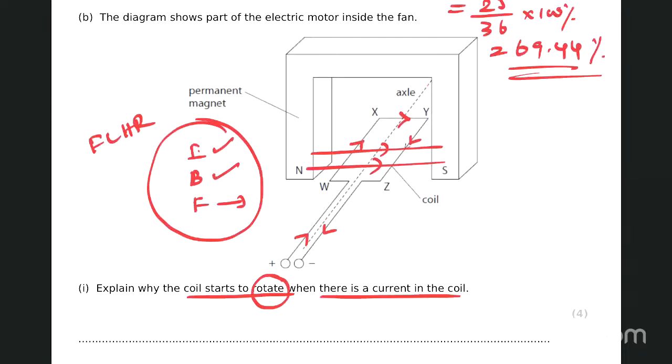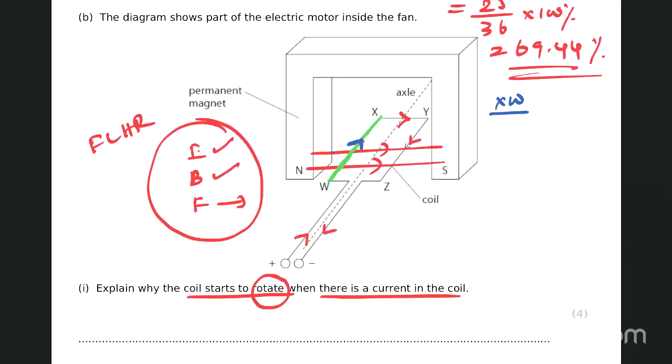So if we consider, I'll use another color, if we consider this X and W line, right? So the current direction is in this way, and it is on the magnetic field. So I'm focusing on the X, W line, right?